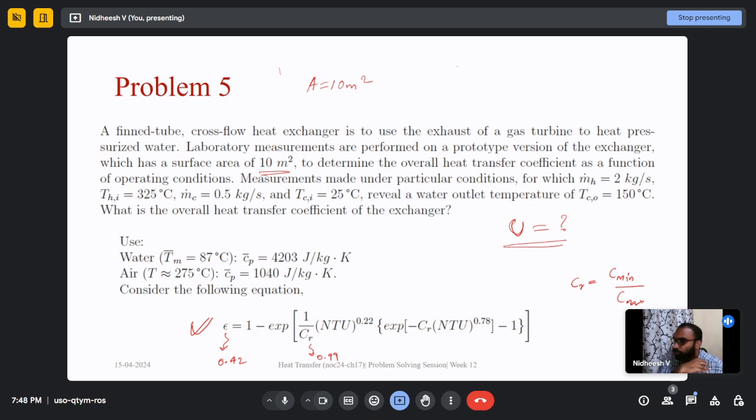We might need to make use of some computational techniques to solve this. We can't solve this simply. We need to make use of some computational numerical techniques, because the unknowns have different powers, NTU power 0.22 and NTU power 0.78, which would be difficult to solve simply.